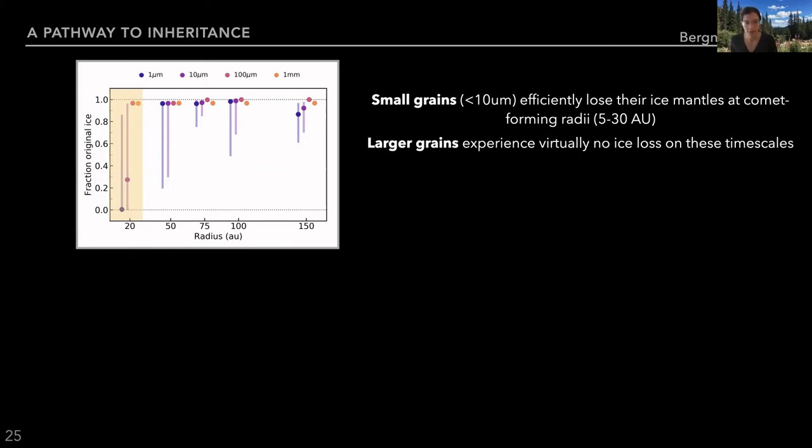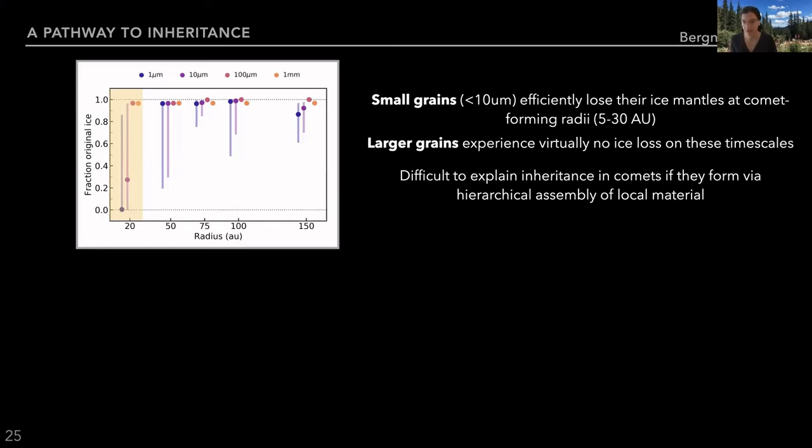On the other hand, larger grains, 100 micron to millimeter size, are experiencing virtually no ice loss anywhere in the disk on these timescales.